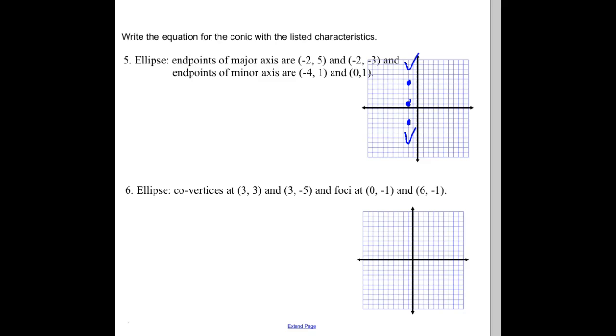So what's H and K? Where did I put my center point? -2, 1. Okay. And then they also said the endpoints of the minor axis are -4, 1 and 0, 1. What does that tell me?